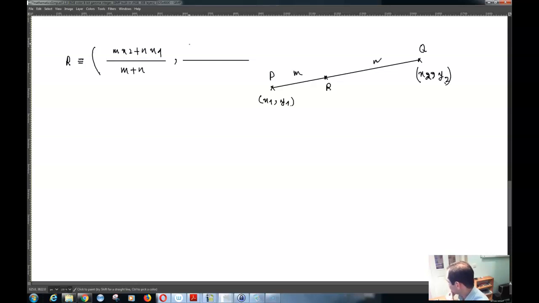Now what that means is that the area of the triangle ADE is half of the base times the height.